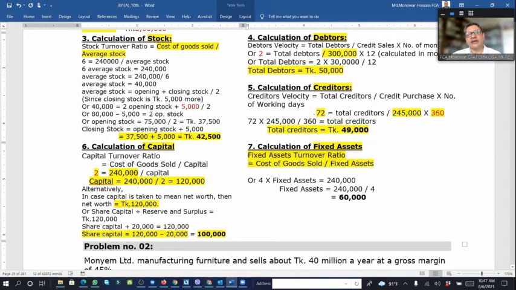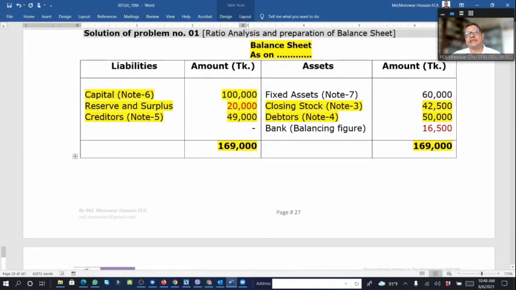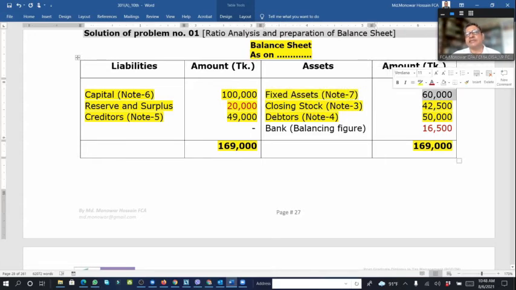So fixed asset turnover, as mentioned in our question, multiplied by fixed asset is the cost of goods sold 2,40,000. So fixed asset comes only 60,000. So from all the calculation, we put the fixed asset on our balance sheet asset side, 60,000.